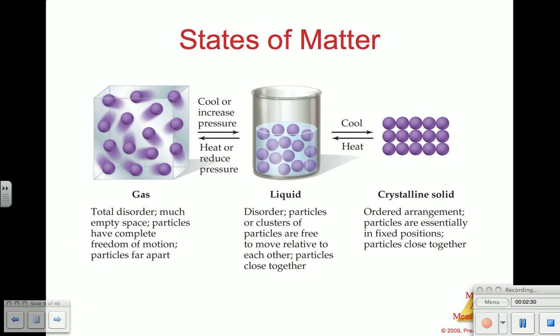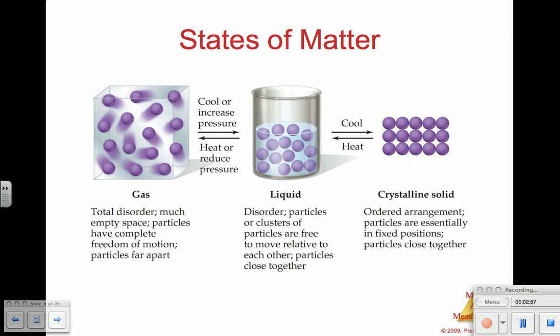All right, and then when we talk about the basics of matter, the three basic phases of matter are gas, liquids, and solids. Gases, their volume changes depending on the size of the container. One of the characteristics of gases is that the particles are in constant motion, at very high speed, and are very far apart from each other.